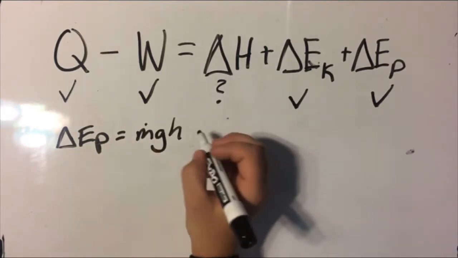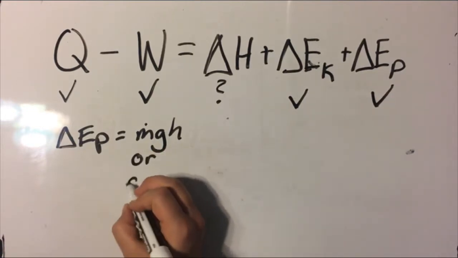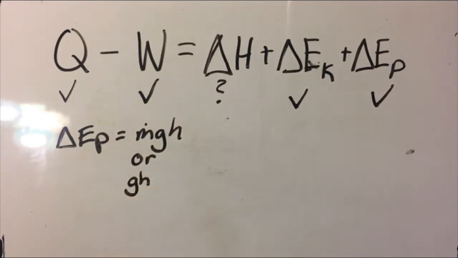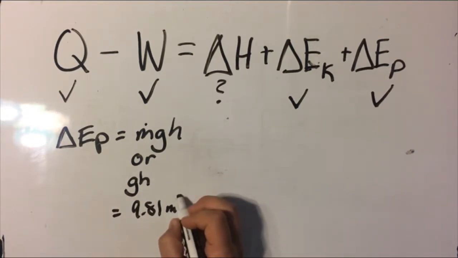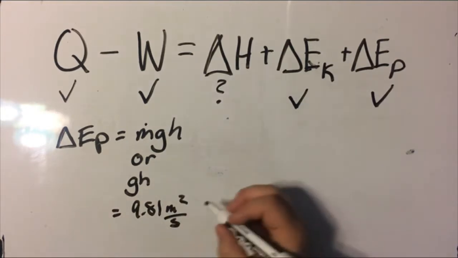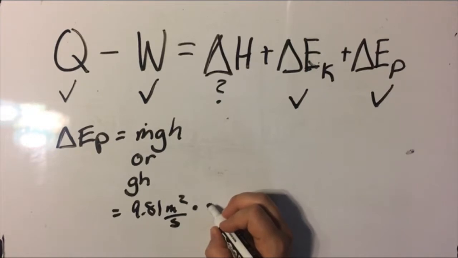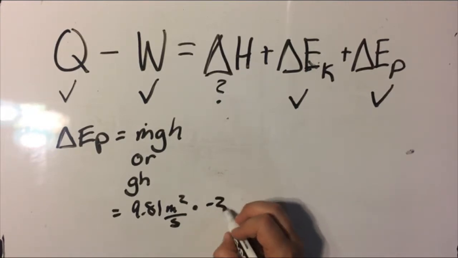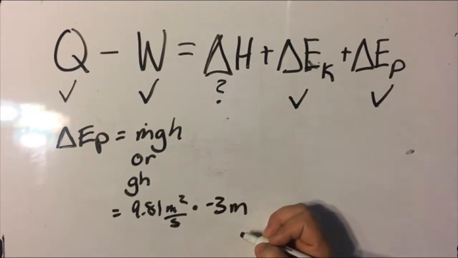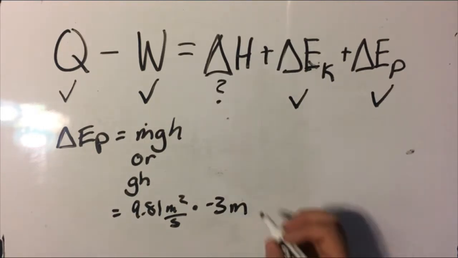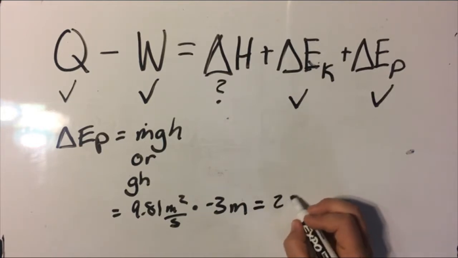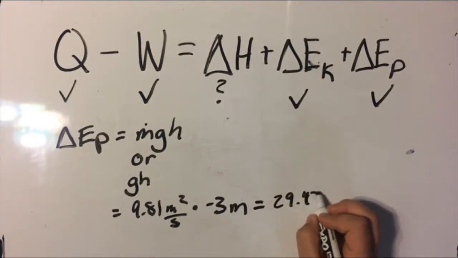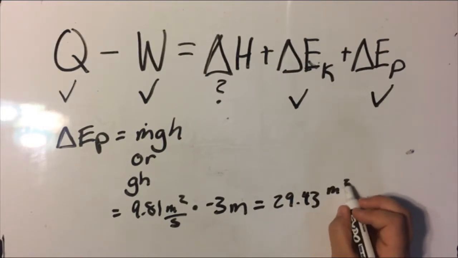However, we're going to leave our mass out to make things simpler, so we're just going to go with our gravitational constant times our height, which equals 9.81 meters per second squared times a negative 3 meters, because the outlet is 3 meters below the inlet. So doing the math on that, we get 29.43 meters squared per second squared.